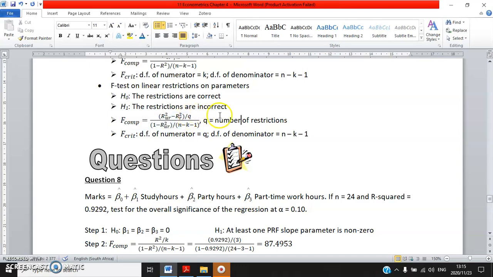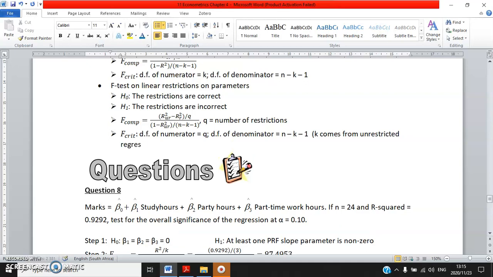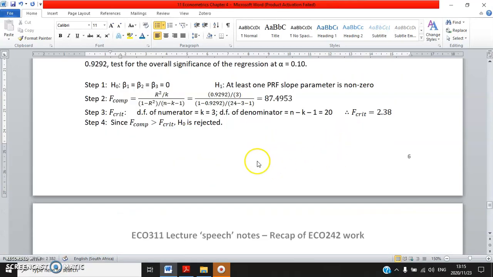Divided by Q, where Q stands for the number of restrictions imposed on the restricted regression. Denominator: 1 minus R squared from the unrestricted regression, divided by n minus k minus 1. The k comes from your unrestricted regression, so keep that in mind.